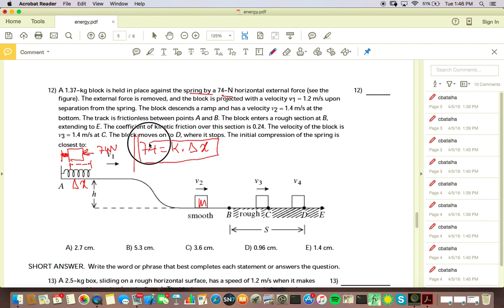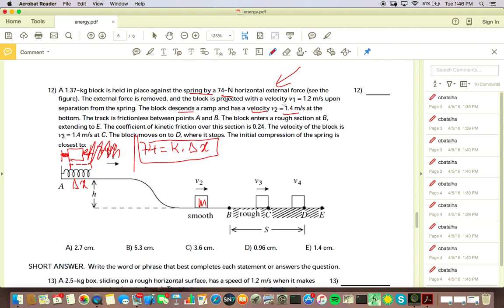I'm just reading the problem. The external force is removed. So now you take this external force away. The block descends. Once you take that force away, the spring opens up and is pretty much sending this block away. The block descends a ramp and has a velocity that is given.